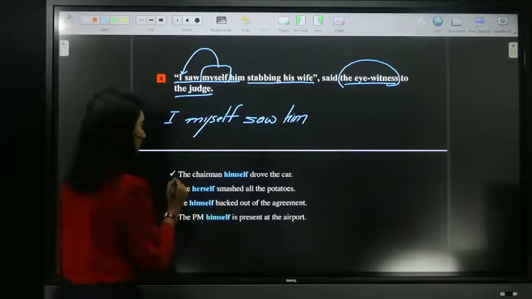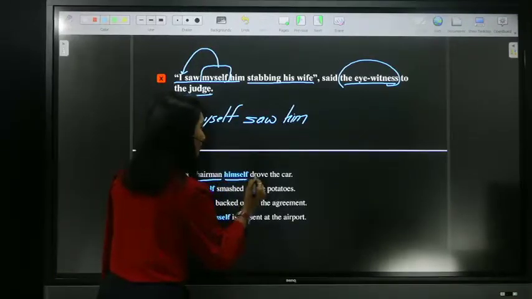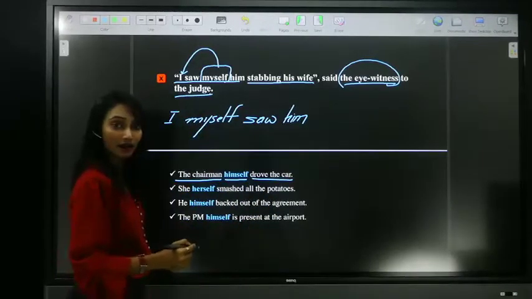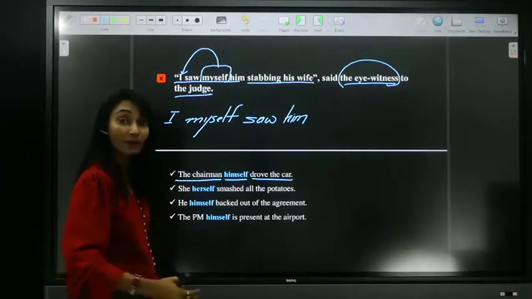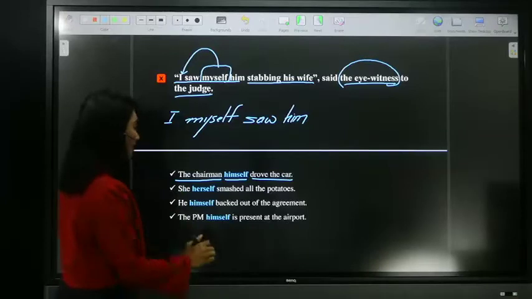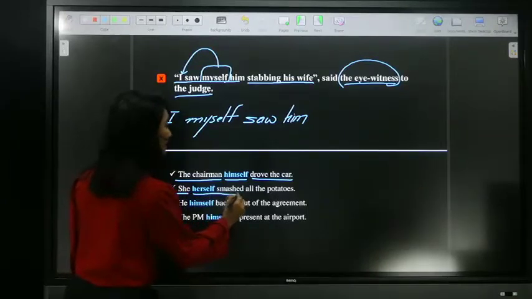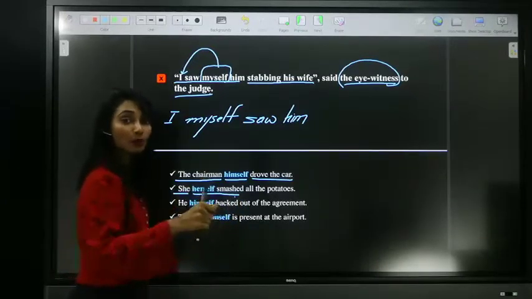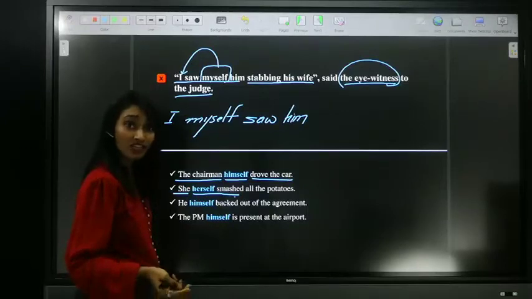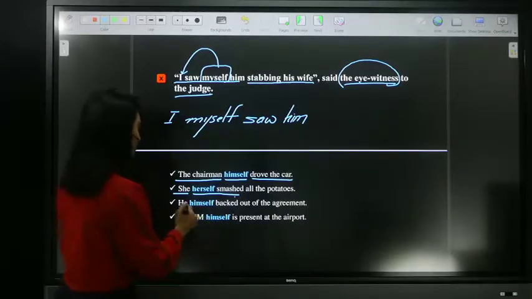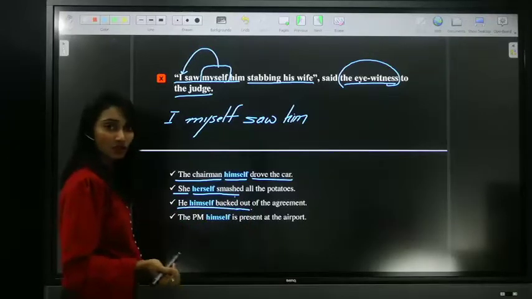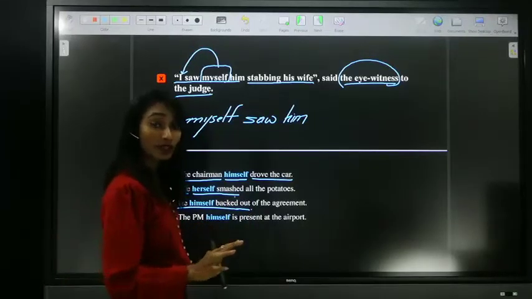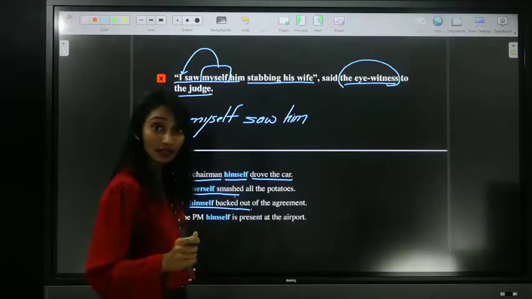And look at this one. The chairman himself drove the car, not the driver today. She herself smashed all the potatoes, not the maid. She herself did it. He himself backed out of that agreement. No one warned him, no one threatened him, no one asked him to back out.